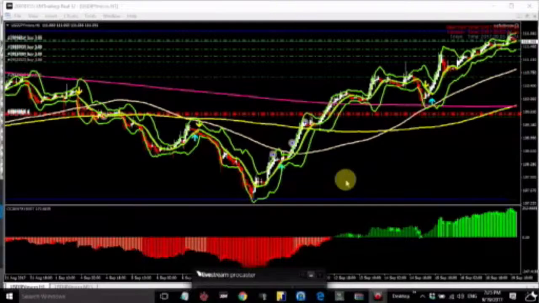Okay, let me explain everything. The point is, when do you actually buy? That is the point we want to talk about here. This is exactly where Bollinger Band comes in. So how do we make use of this Bollinger Band?